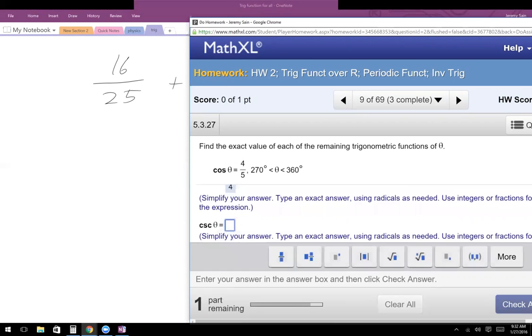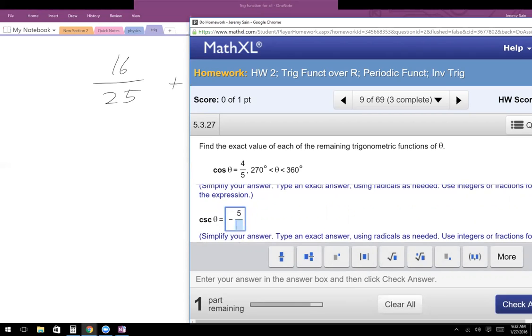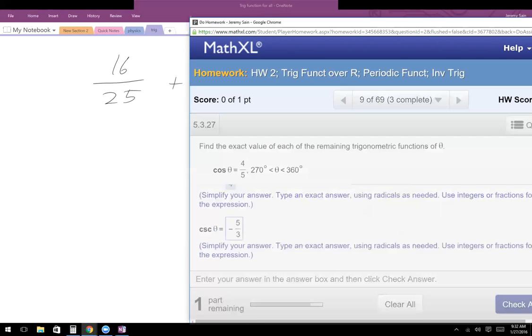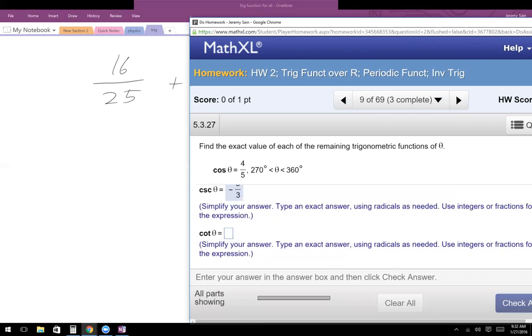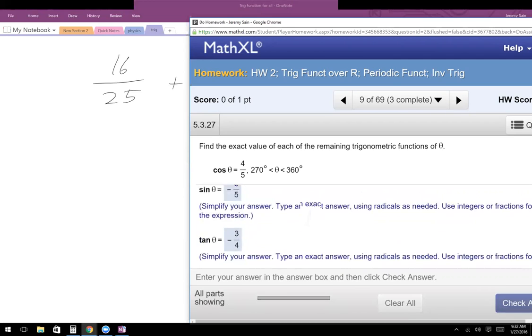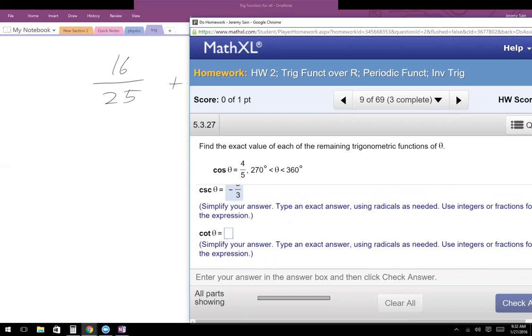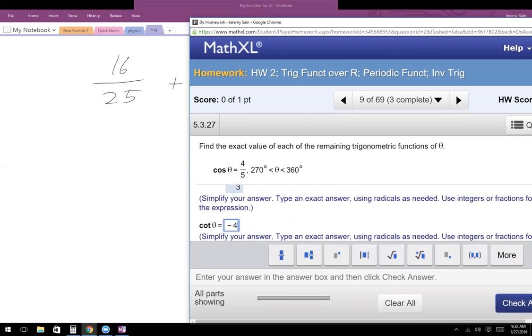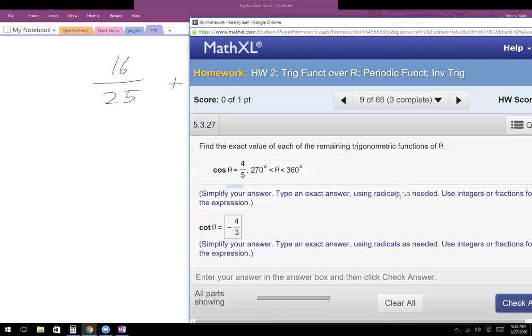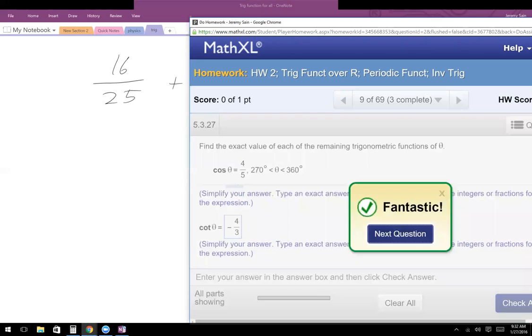Cosecant is 1 over sine, which was negative 3/5, so we got negative 5/3. Cotangent is 1 over tangent. Tangent was negative 3/4, so negative 4 over 3. Boom. We happy?